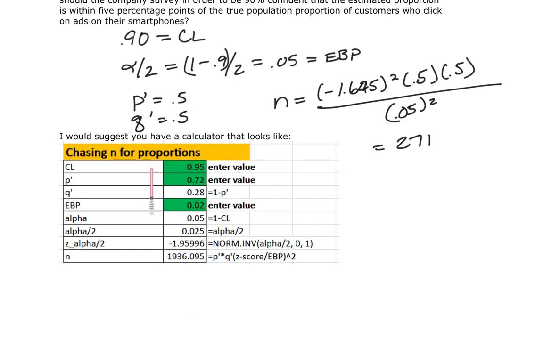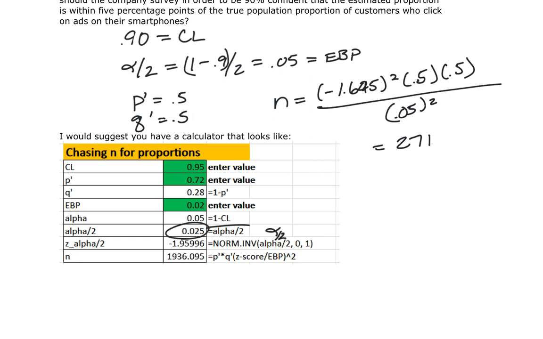Here is what I would have. My confidence level, my p hat, my q hat gets calculated. My EBP gets calculated based on this. And then I find my alpha divided by 2, norm.s.inv. Again, I'm not taking alpha, this is alpha divided by 2.